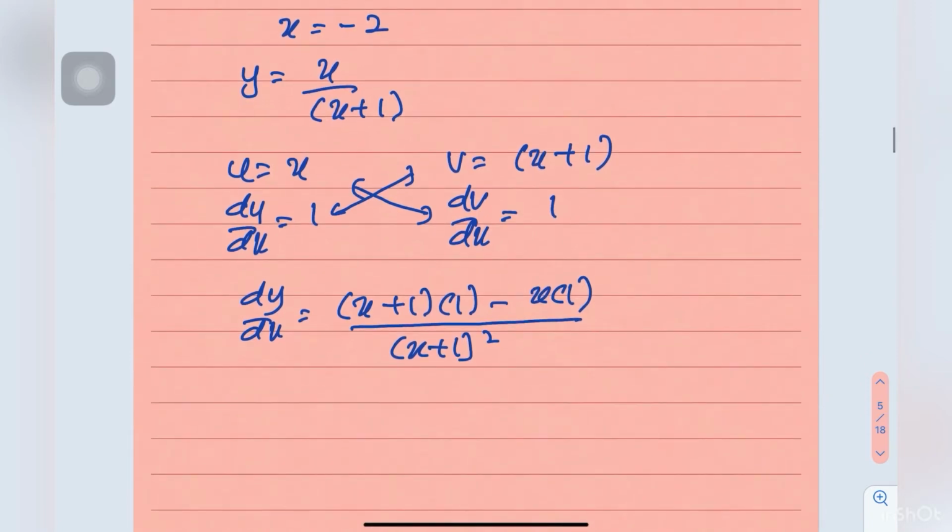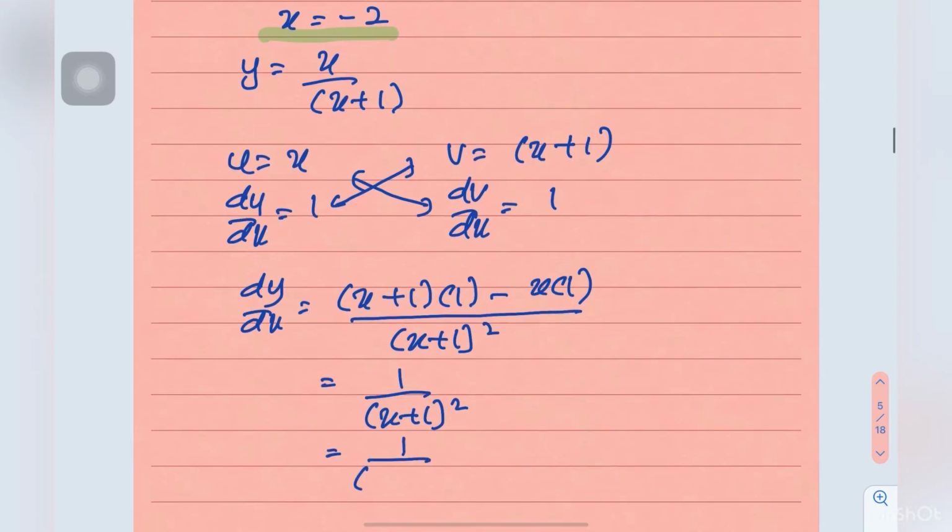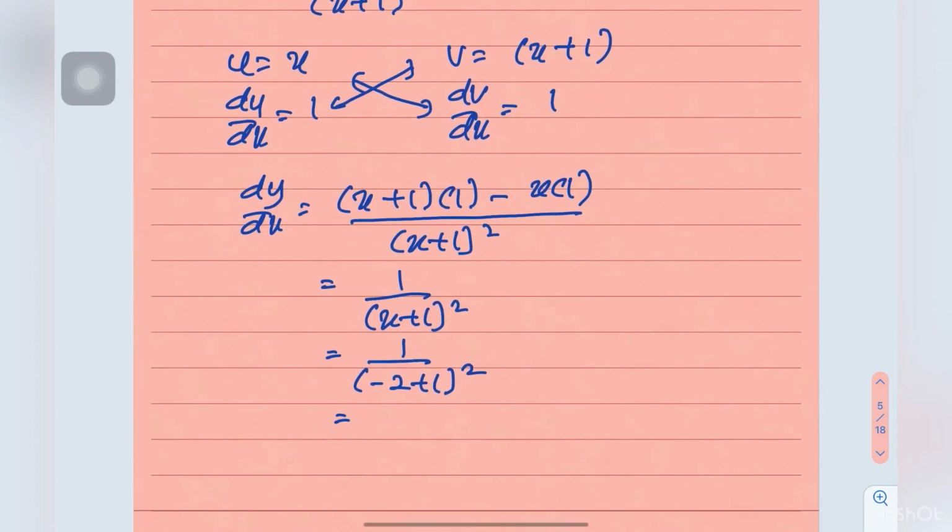Okay, this one we can simplify, becomes 1 over (x plus 1) squared. And we already have x here. x is negative 2, so we substitute into dy/dx. So we get (negative 2 plus 1) squared, becomes 1.